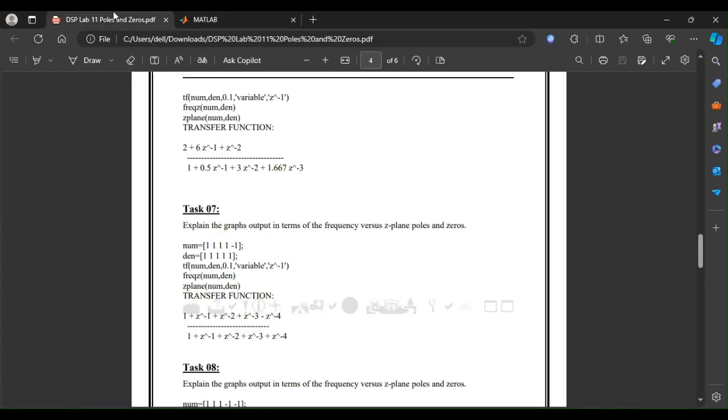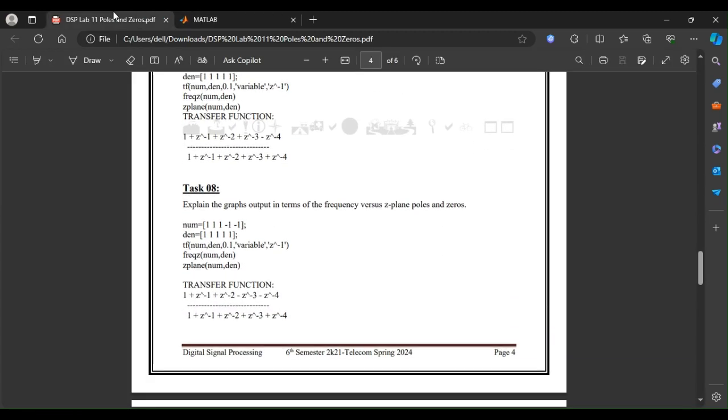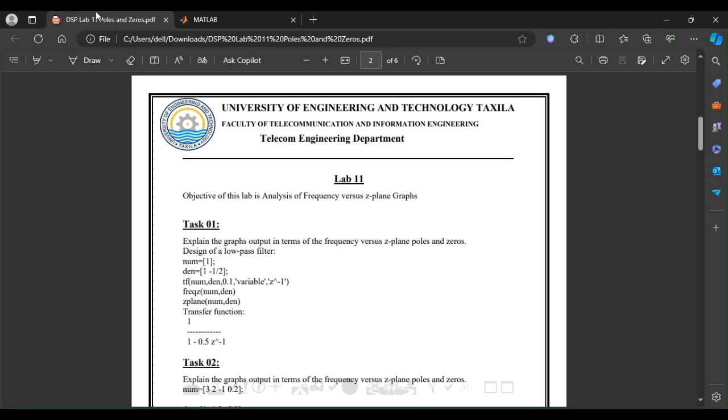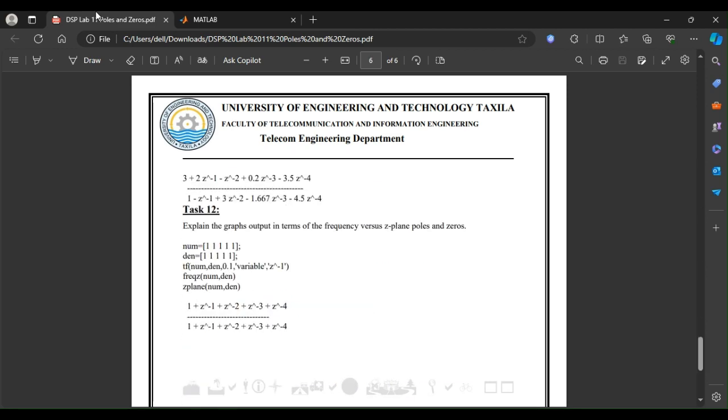Moving towards the other task, explain the graph and the output. I have already discussed this task.